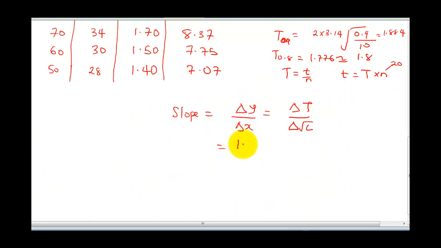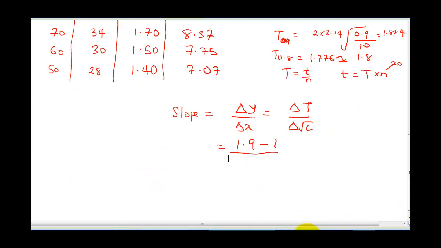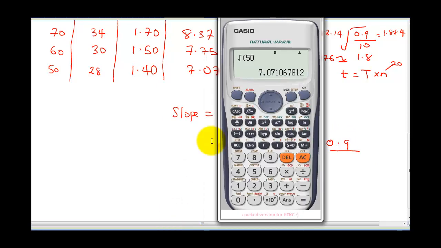That's 1.9 minus 1 all over our change in x, which is going to be 9.5 minus 4.8. Now this is going to give us 0.9 all over 9.5 minus 4.8.